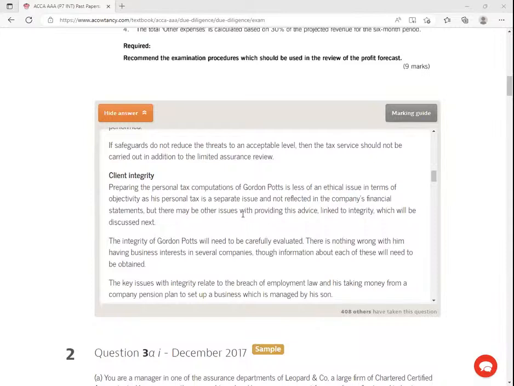Listen, ladies and gentlemen, here we're saying something very important: one of the directors has given us work to do his tax computations and filing. So you're saying this one really is not even about our firm. We can go ahead and do those computations. But for example, if you realize that this person does not pay taxes very well, that automatically exposes you as an auditor.